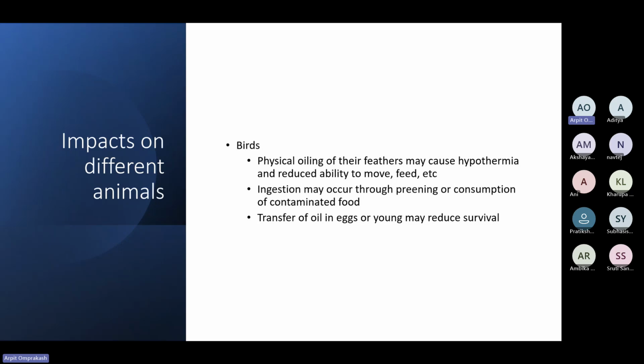Birds catch some food and come back and feed it to the young ones, so this may involve transfer of oil also, which might reduce the survival chances of the young ones.